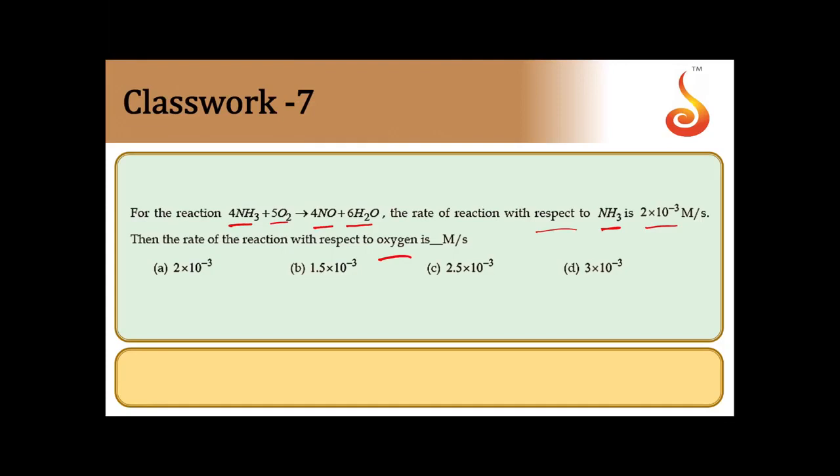Rate of reaction with respect to any of the components of the reaction always remains the same. Therefore the answer is the same value, that is 2 into 10 to the power of minus 3. So answer is A. So rate of reaction with respect to any component of the reaction remains the same. So answer is 2 into 10 to the power of minus 3. So A is the answer.